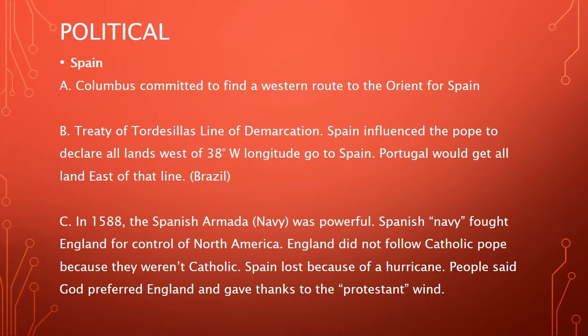Treaty of Tordesillas. I know it looks like Silas, but it's Tordesillas, and Spain was influencing the Pope at the time, and had him declare all lands west of the 38th degree longitude to go to Spain.